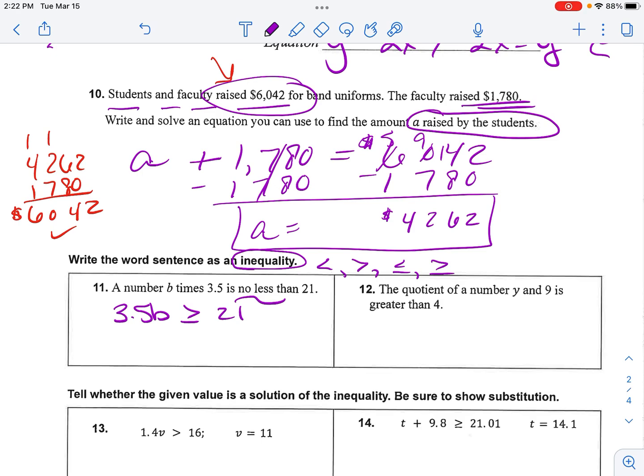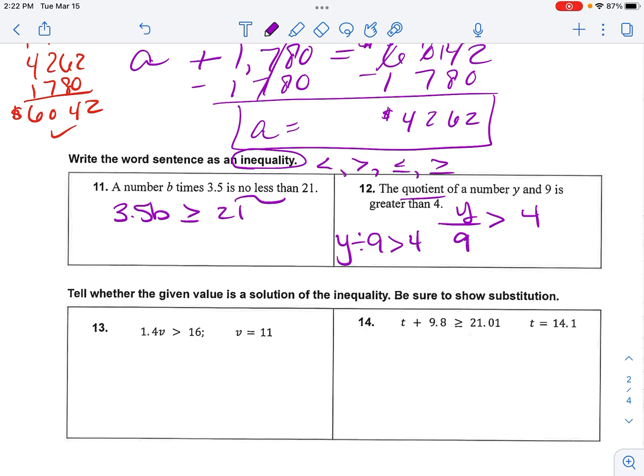No less than 21, meaning 21 or more. We do not have to solve, we're just writing. 12, quotient. Remember, quotient means division. The quotient of y and 9 is greater than 4. Or you could write y divided by 9 is greater than 4.